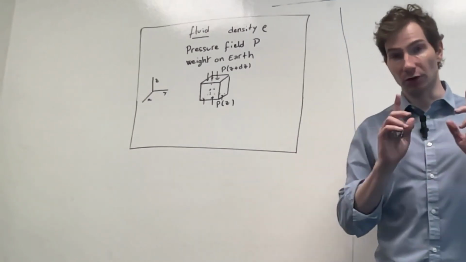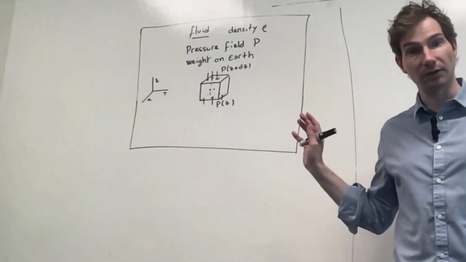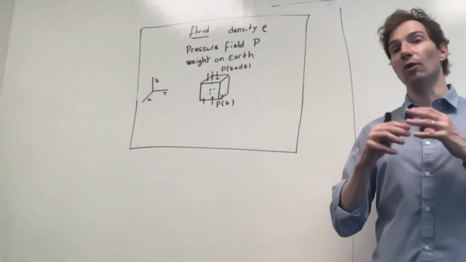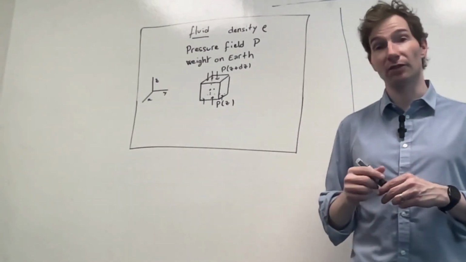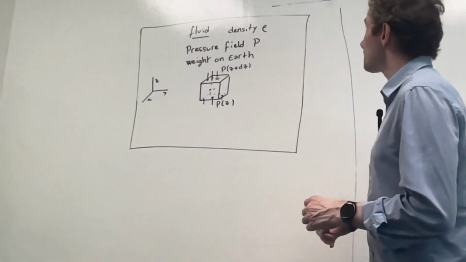Not necessarily so, and I'm going to talk a little bit about this at the end of the derivation. Not necessarily in air or, let's say, lighter fluids, and then it's going to maybe depend on the distance we are talking about. Okay, so let's set the stage.